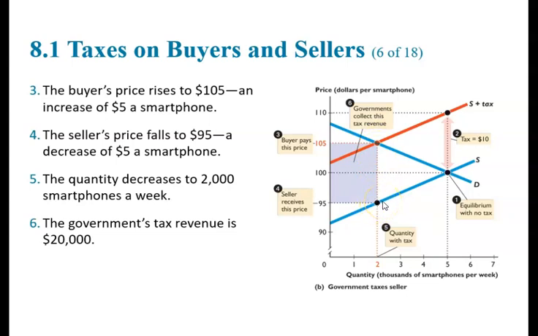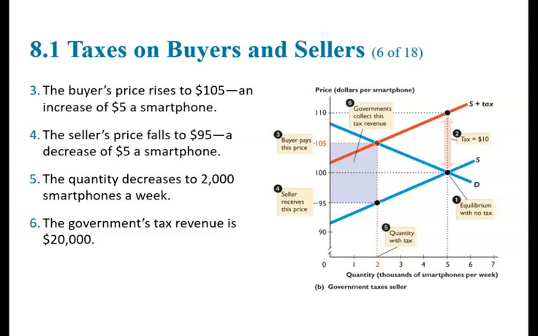The quantity decreases to 2,000 smartphones a week, and that makes intuitive sense because the initial equilibrium showed a quantity of 5,000 smartphones per week, and it has dropped to 2,000 simply because the imposition of taxes makes everything expensive. So the final quantity sold and bought should technically decrease.